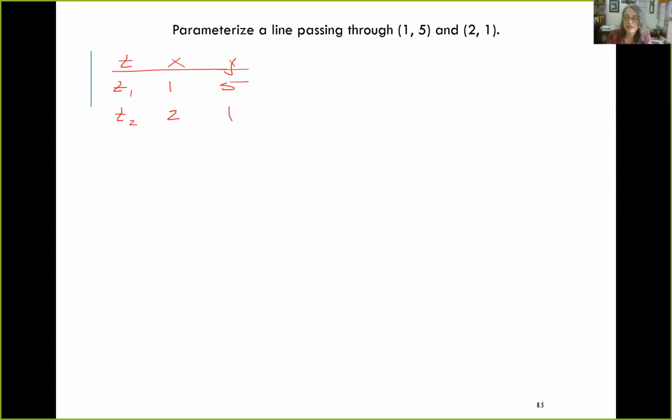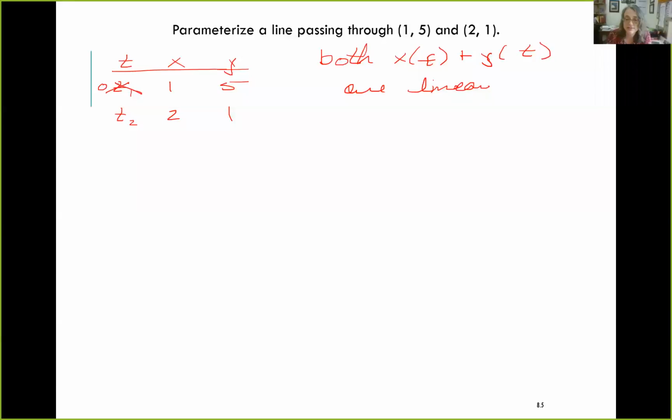So we only have 2 points. So we're going to have to assume that both x of t and y of t are linear. Okay? So we're also going to make an assumption that we can set our t values.